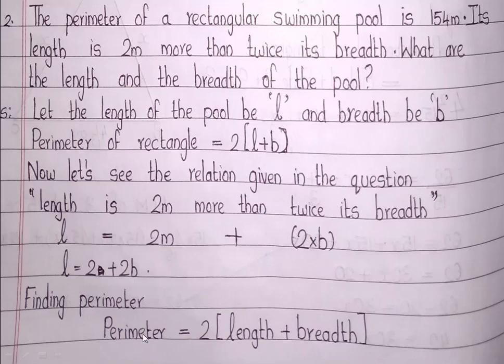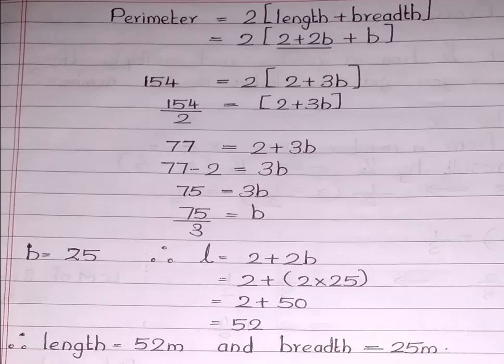Finding perimeter: you know perimeter is equal to 2 into length plus breadth. So, we are going to substitute the length formula here. Length we got as 2 plus 2B and breadth we have taken as B. 2 plus 2B plus B. What is 2B plus B? It is 3B. 2 plus 3B.